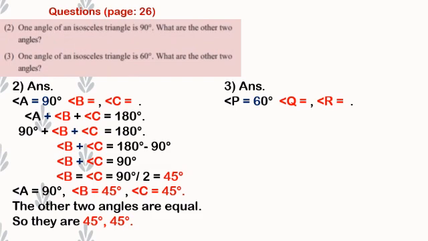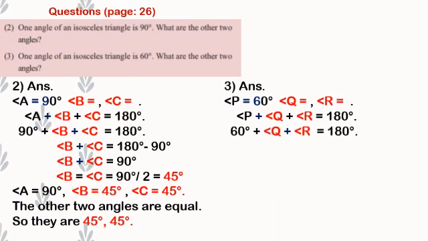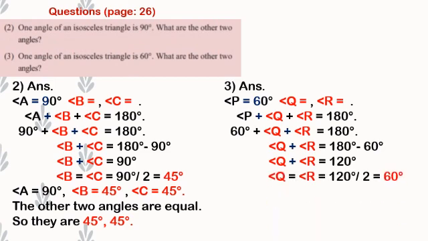Very simple, right? Otherwise, you can use the sum is 180°, that is angle P plus angle Q plus angle R equals 180°. If we substitute angle P equals 60°, we get 60° plus angle Q plus angle R equals 180°. Angle Q plus angle R equals 180° minus 60°, so angle Q plus angle R equals 120°. We know angle Q equals angle R, that equals 120 by 2, equal to 60°.